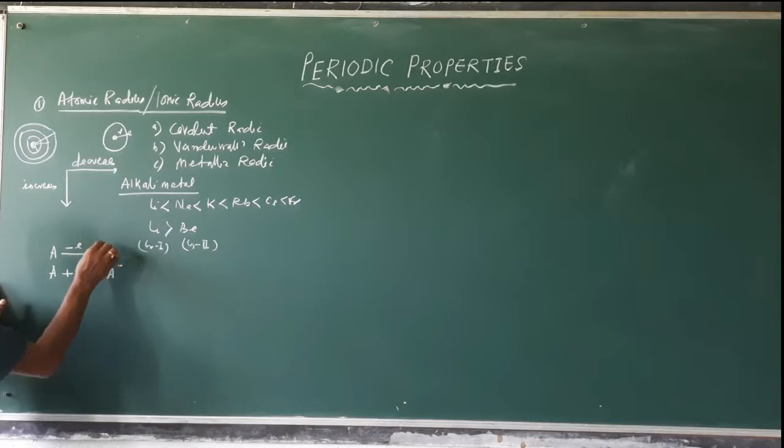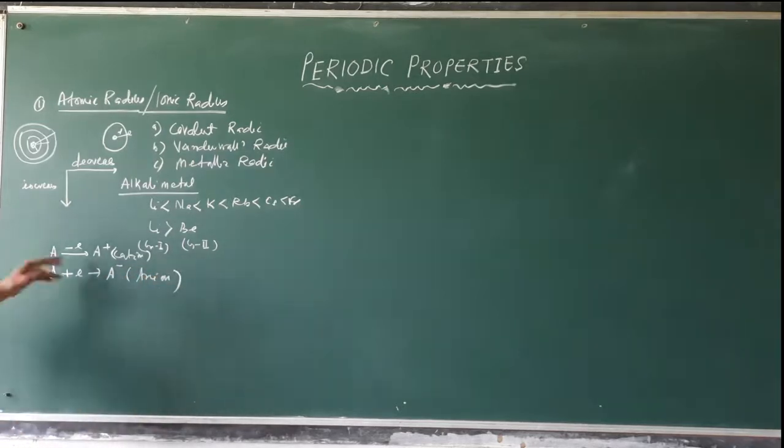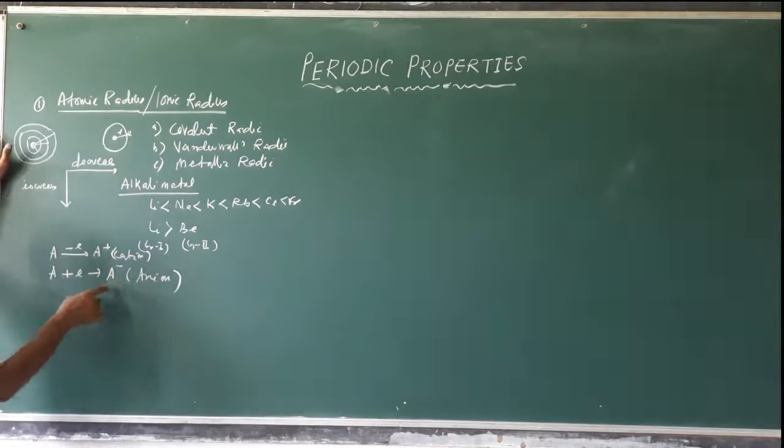This is called cation and this is called anion. So cation is formed when an atom loses an electron, and anion is formed when an atom gains an electron. So what is the comparison of size? When an electron is added, size increases.